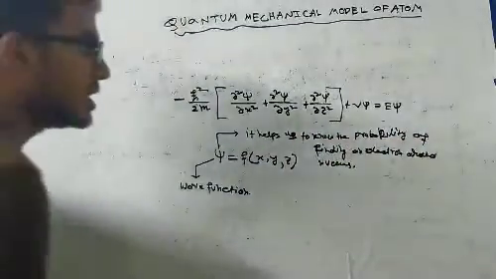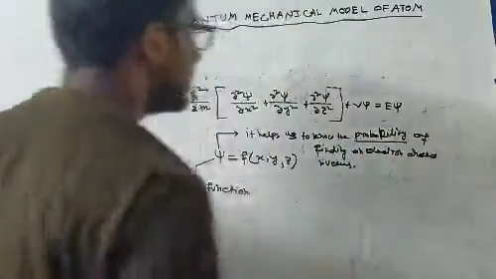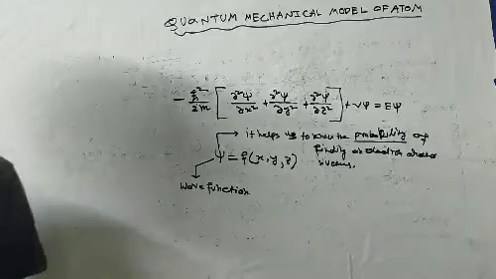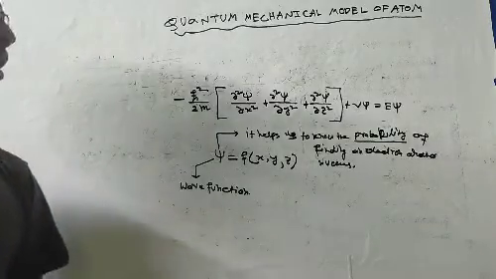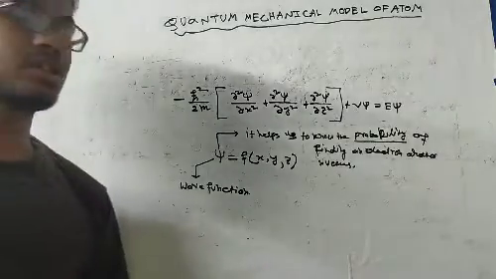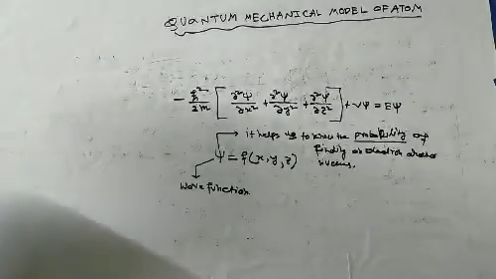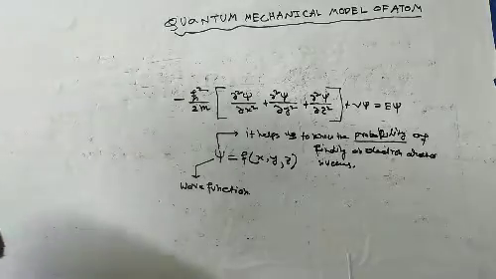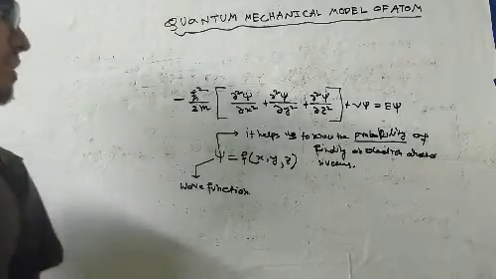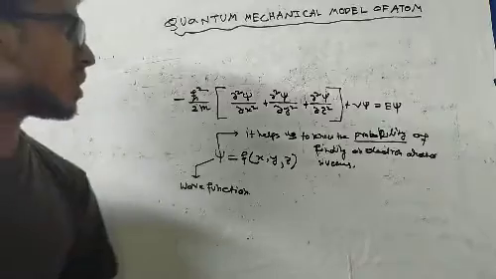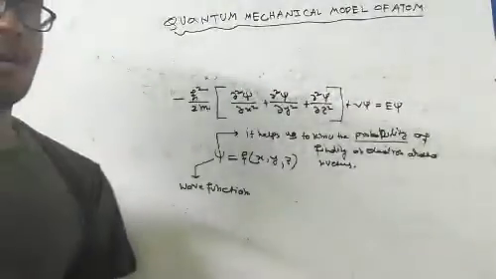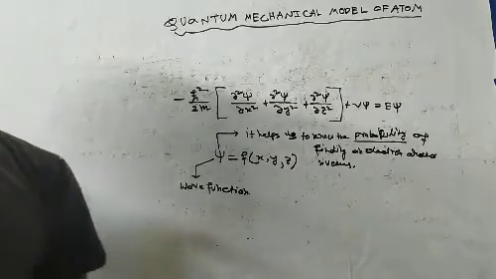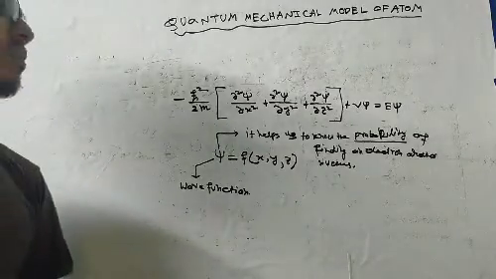Now another important term: I am saying that this is probability. That means psi cannot tell you the exact position or exact location of the electron around the nucleus. It will only help to know the probabilistic position of an electron around the nucleus, and it is quite understandable, because according to the uncertainty principle, you cannot precisely say the position and momentum of a quantum particle.